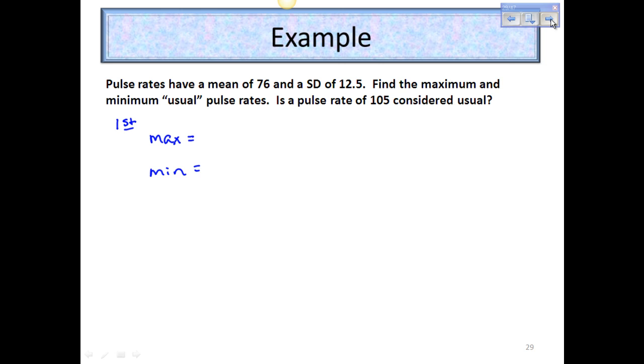The minimum usual value would be 76 minus 2 times the standard deviation. A maximum would be 76 plus 2 times the standard deviation. Computing those values, that would be 51 for the minimum and 101 for the maximum.